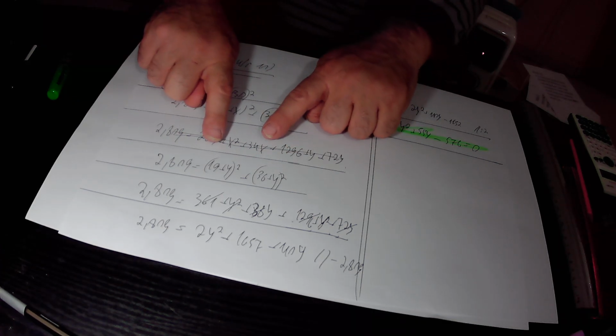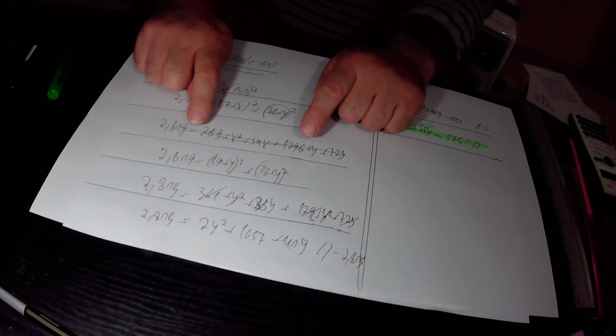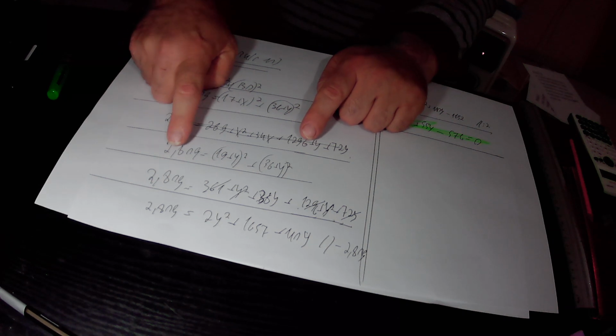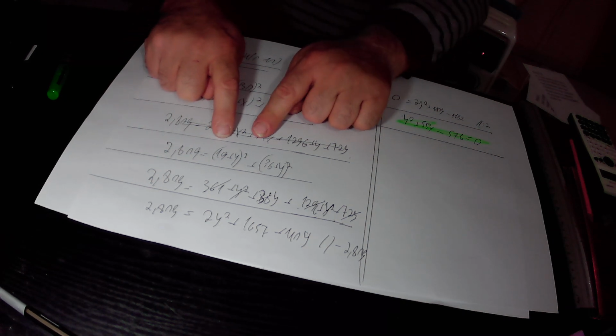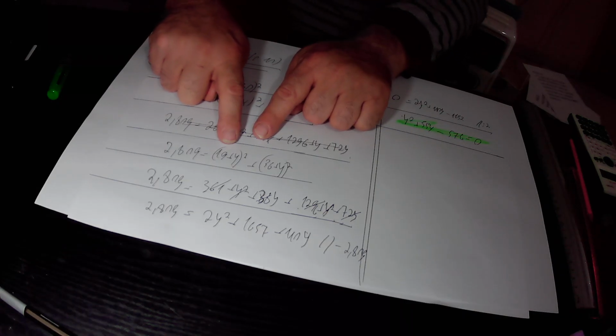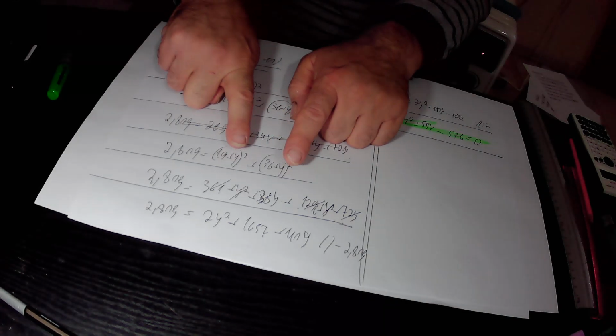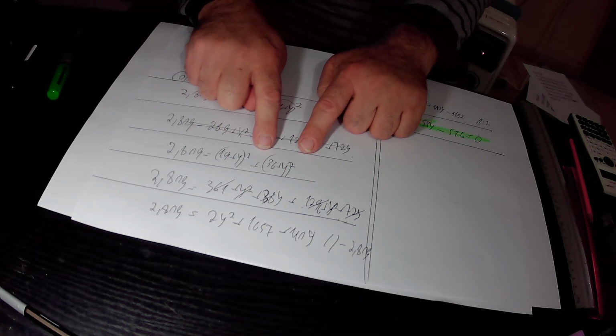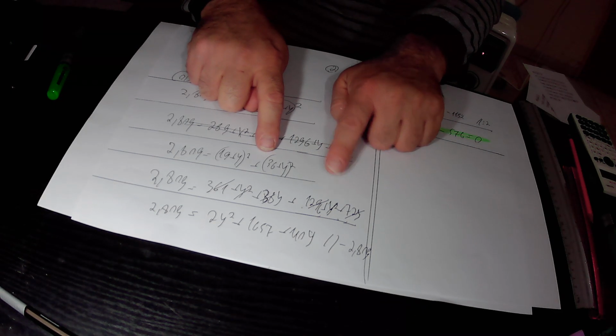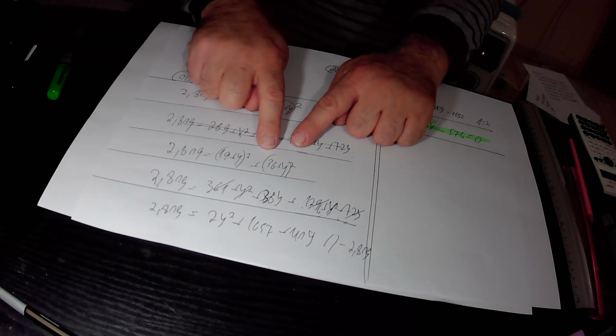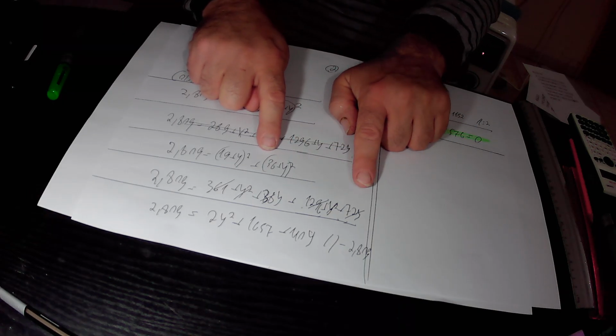Here we open the brackets on this side of the equation. (19 plus y) squared equals 19 squared, that is 361, plus y squared plus 2 times 19 times y, that is 38y. Then (36 plus y) squared equals 36 squared, that is 1296, plus y squared plus 2 times 36 times y, that is 72y.